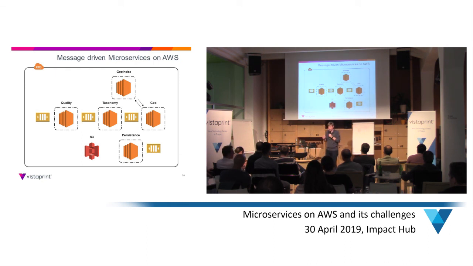Exactly, but let's say we went through two steps. We went through quality checks. We maybe did some enhancement in taxonomy. We saved it to the persistent storage, and the geo is down. And it's unrecoverable, and for a long time. And we retry, and we keep retrying. It doesn't help.